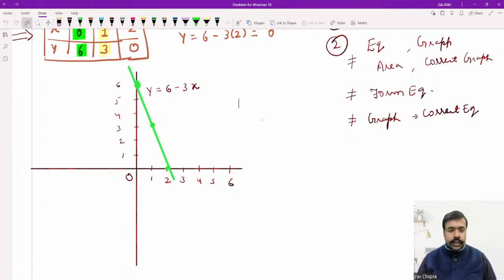Some of the students are saying there is no audio, but here I can see the audio. It is coming. Let us check once again.